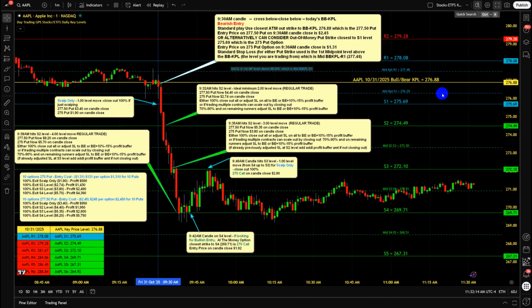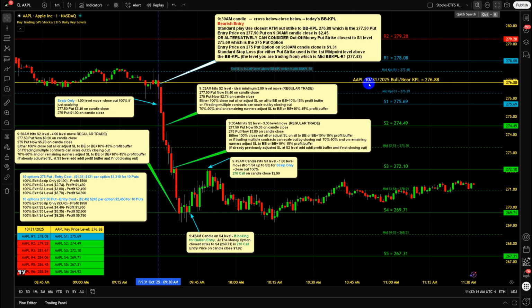Okay, so I was saying about 95% or more of the 250 or so sessions that you'll have a year, the bull bear key price level in the opening moments, meaning the opening candle and also the first several candles thereafter, are typically going to be based on the bull bear key price level.